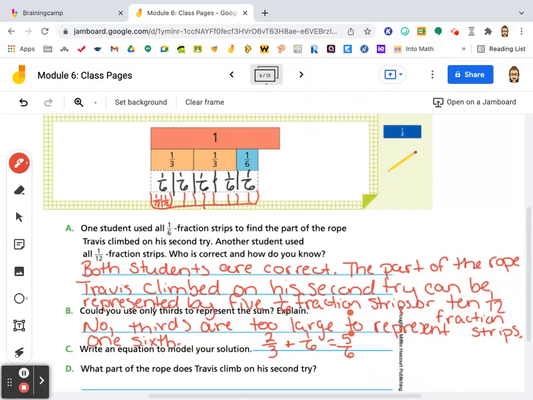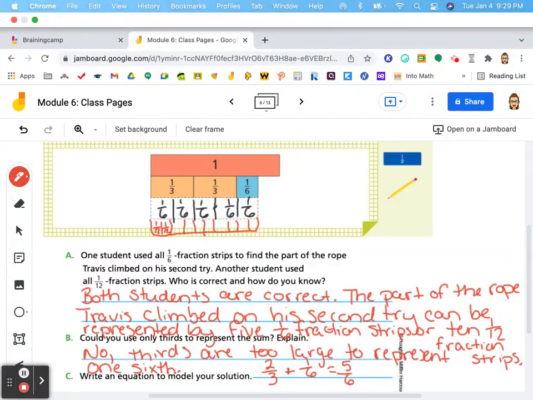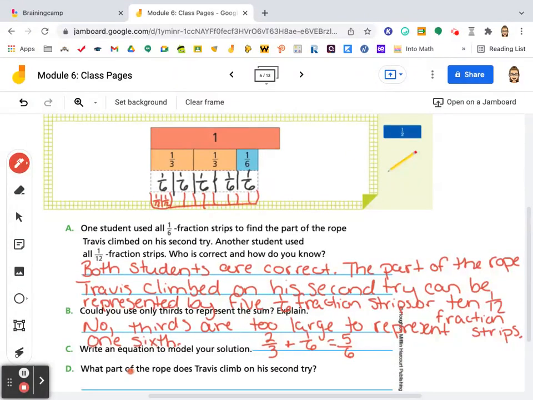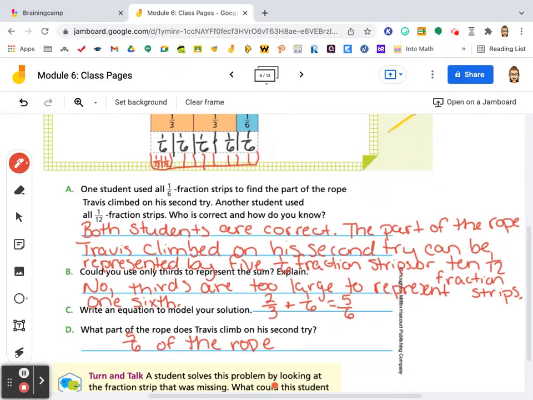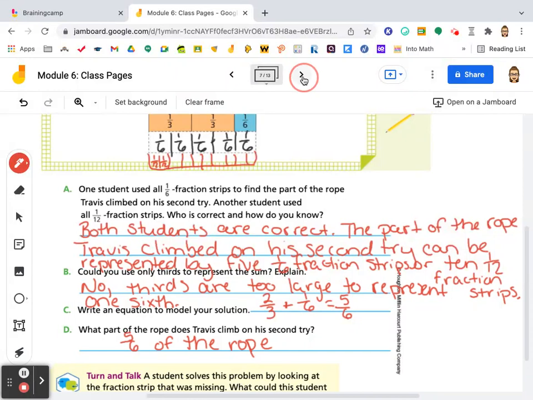Well, he climbs 5/6 of the rope. And then we go to the next page.